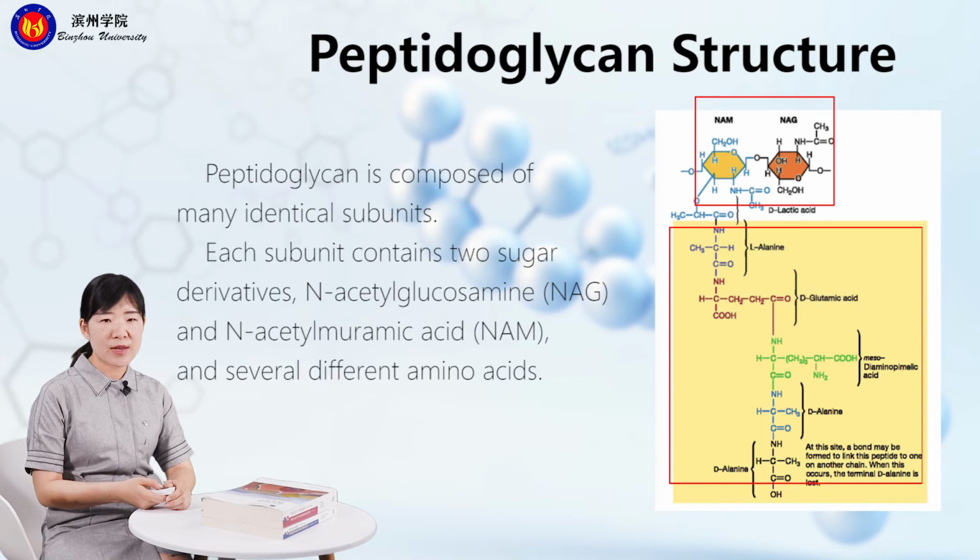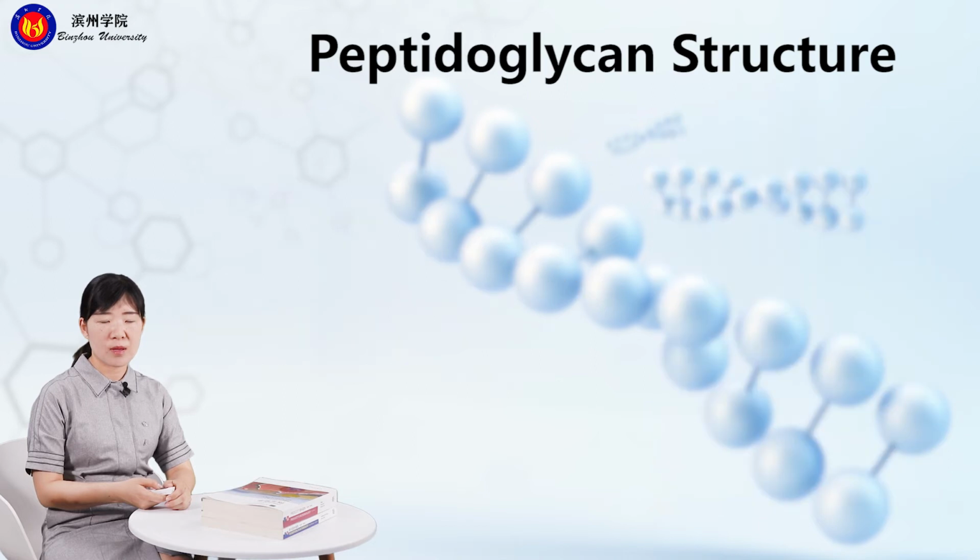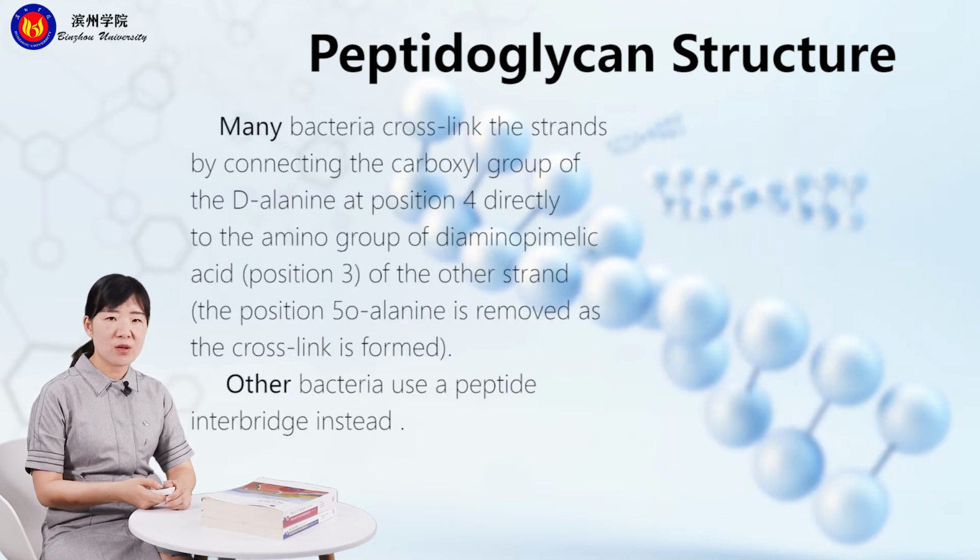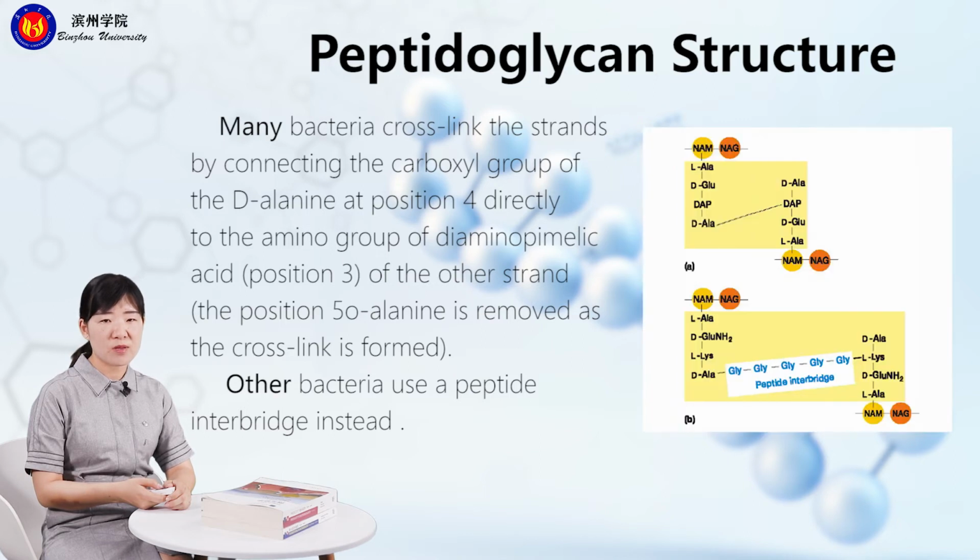There are also several different amino acids. Many bacteria cross-link the strands by connecting the carboxyl group of the D-alanine at position 4 directly to the amino group of diaminopimelic acid, position 3 of the other strand.